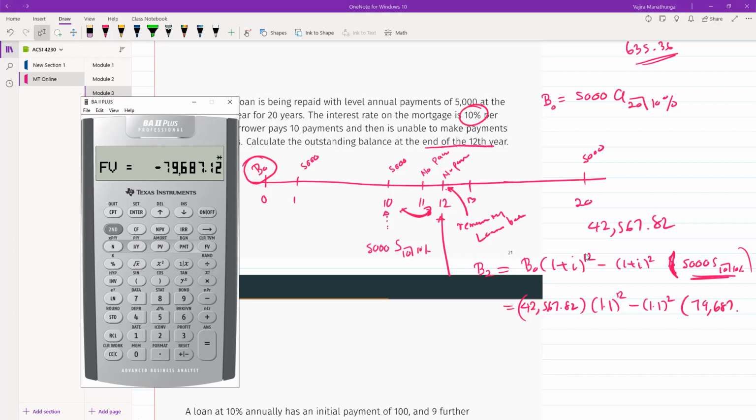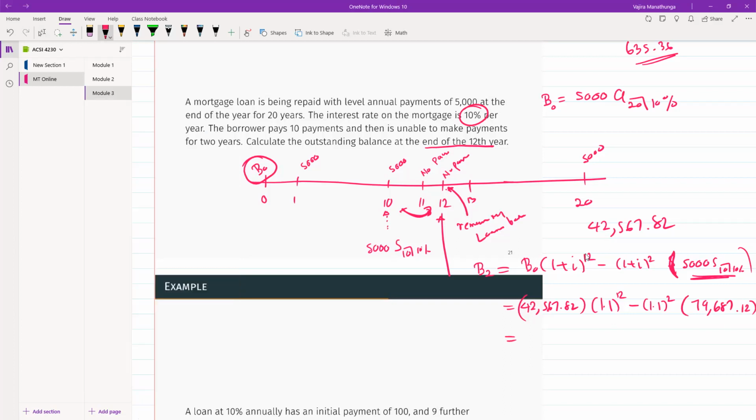Okay, so let's get the final answer using our calculator. So it's 42,567.82 times 1.1 to the 12, minus 1.1 squared times 79,687.12, and I would get 37,174.6.